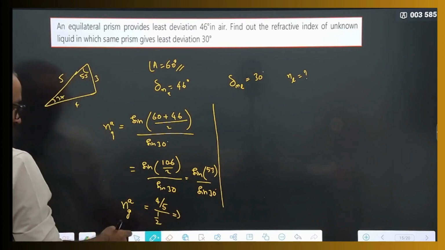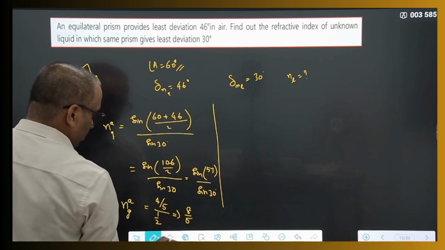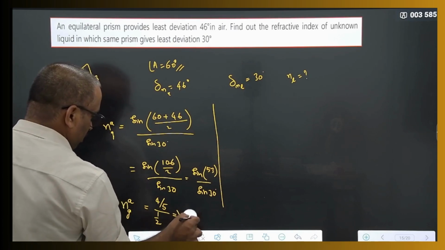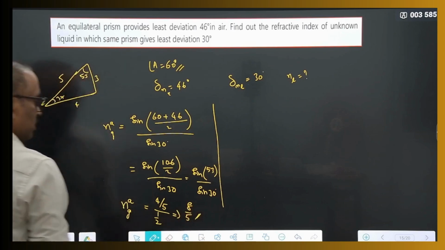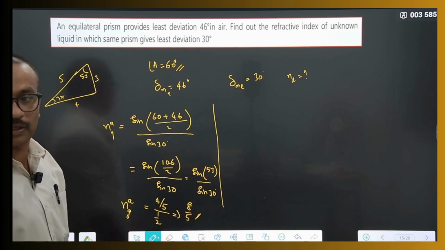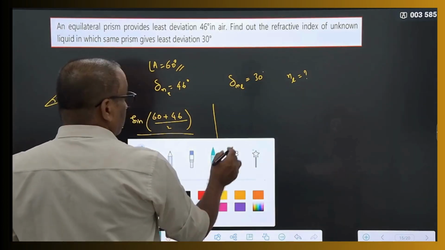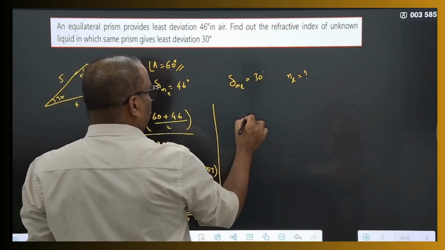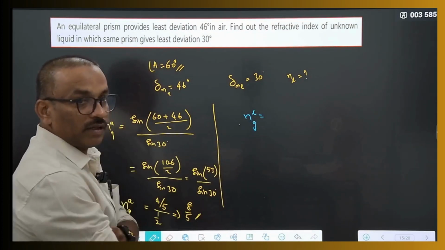That implies 8 by 5. This is your refractive index of the glass with respect to air. Now we will see the refractive index of glass with respect to liquid. With respect to liquid, what is given now?